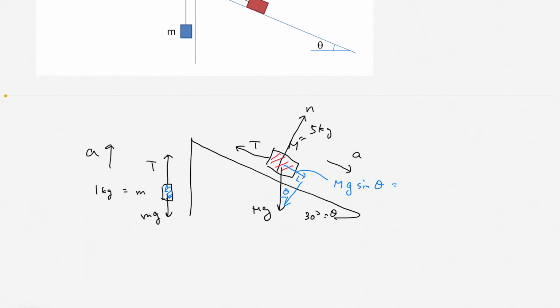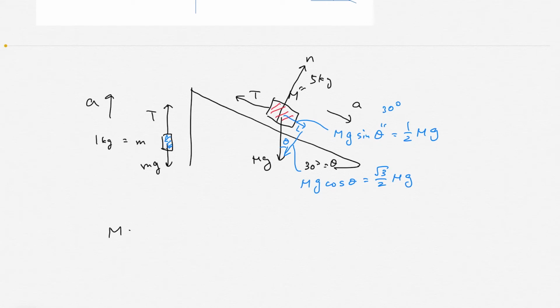This equals 1 over 2 Mg if theta is 30 degrees. This component is Mg cosine theta, which is square root 3 over 2 Mg.